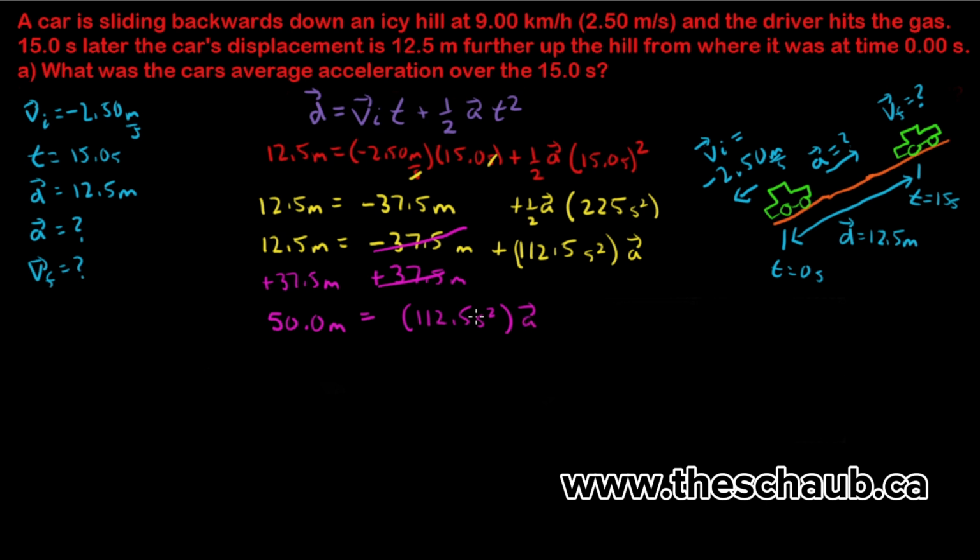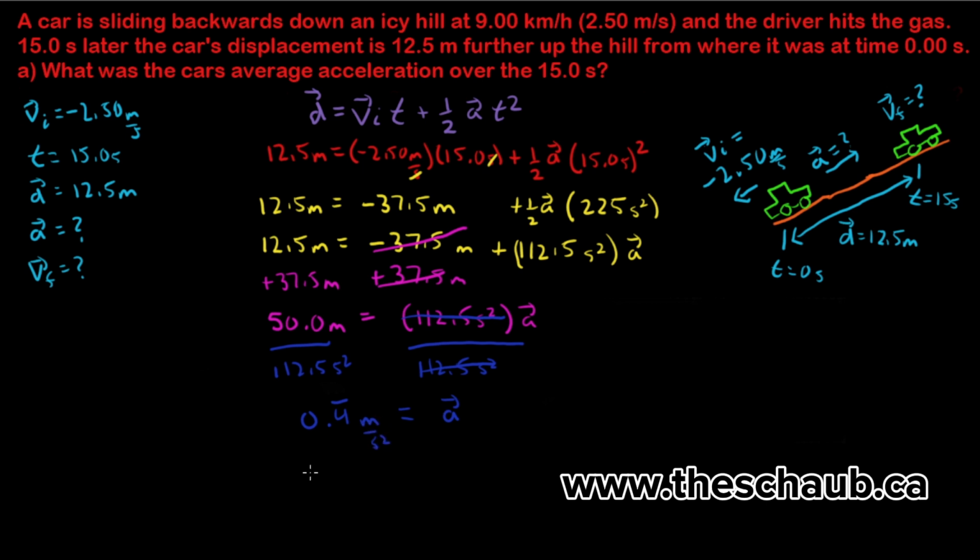Our acceleration is being multiplied by the 112.5, so we have to do the opposite. So we divide both sides by 112.5 seconds squared. And on this side it cancels out, leaving us with just our term for our acceleration. And this is equal to 0.4 repeating decimal meters per second squared.